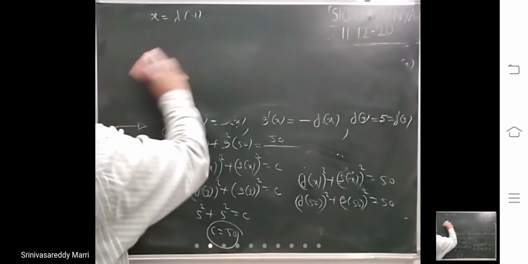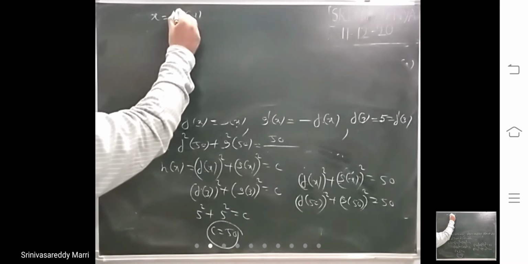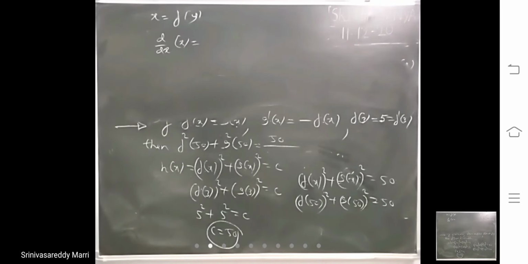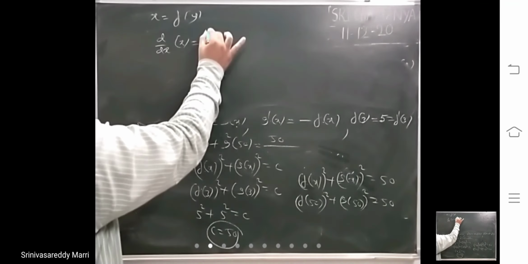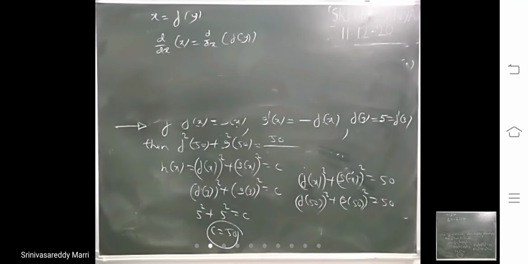Wait, not like this. With respect to x, you do, with respect to x on both sides, not y. d by dx of x is 1.